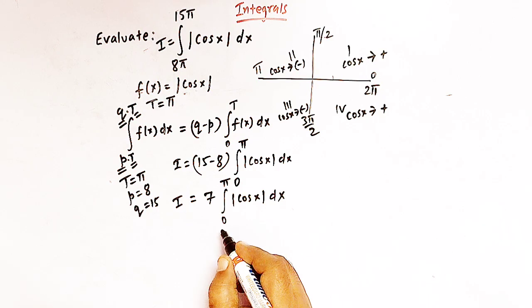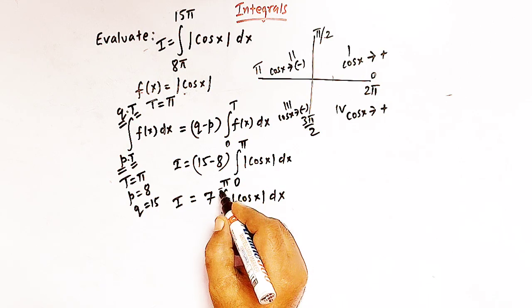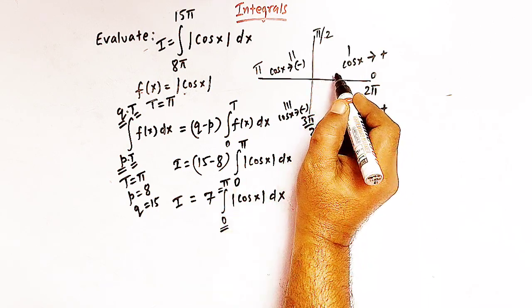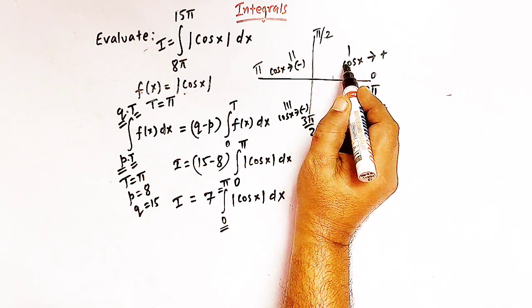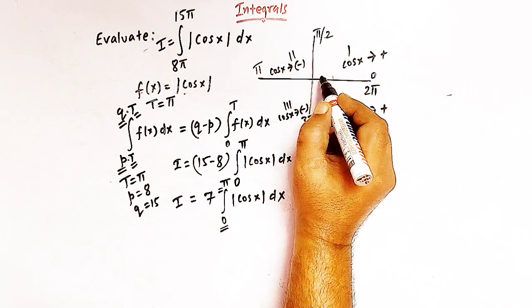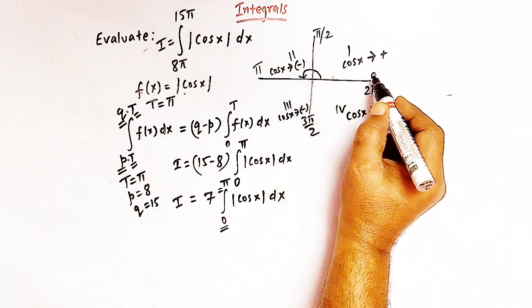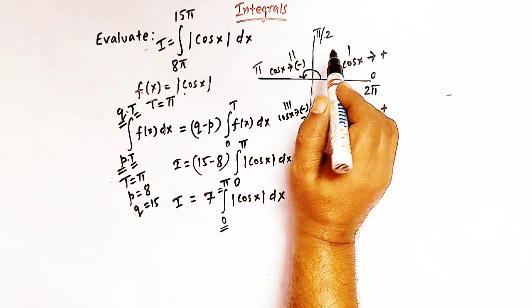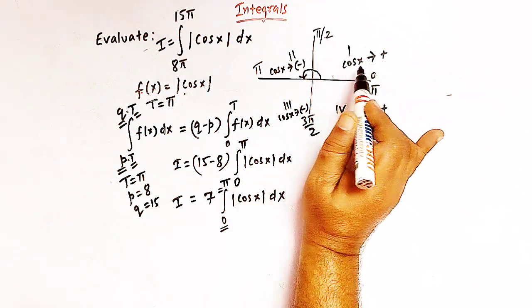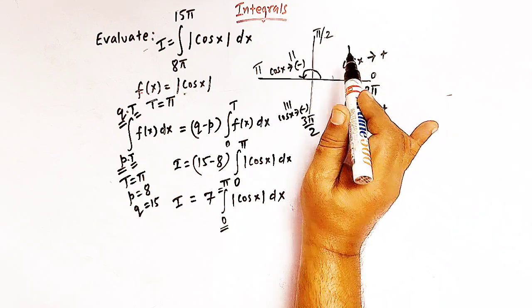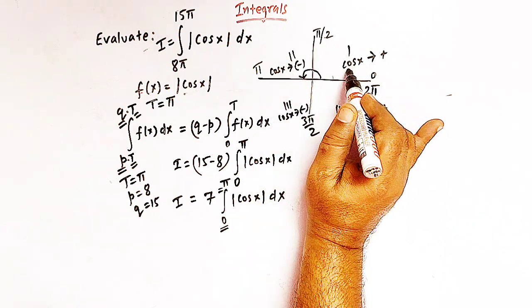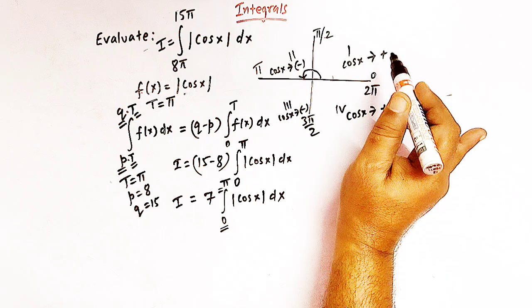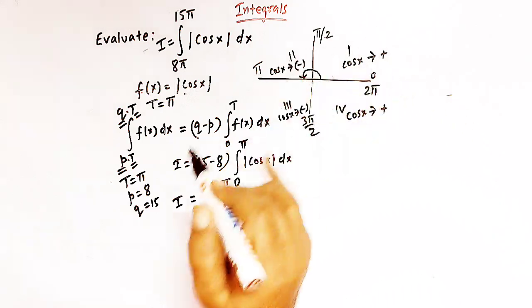So now here the limits of integration are from 0 to pi. So we have to go from the first quadrant to the second quadrant, that is from 0 to pi. And here we can see that when we go from the first quadrant to the second quadrant, the cosine function changes sign from positive to negative.